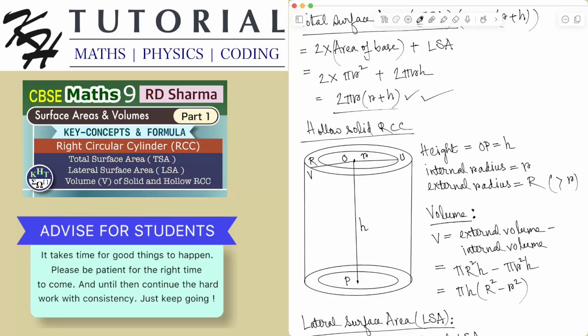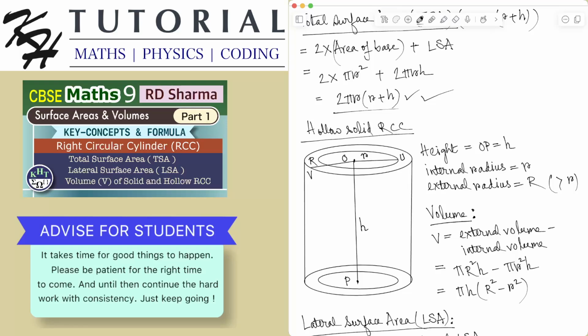Since it is hollow and the cylinder has a thickness, we will have two radii for each end face, that is the internal radius and the external radius.